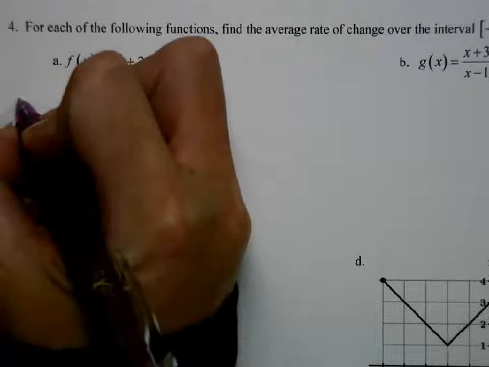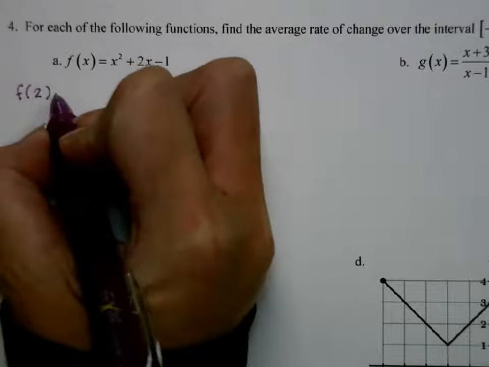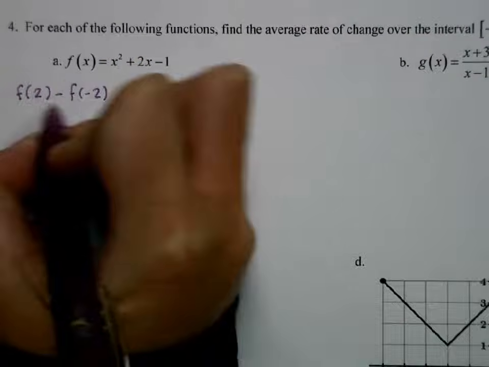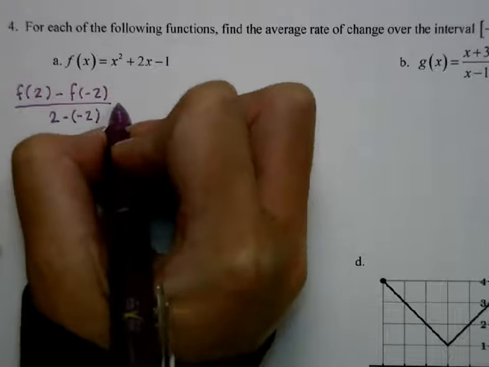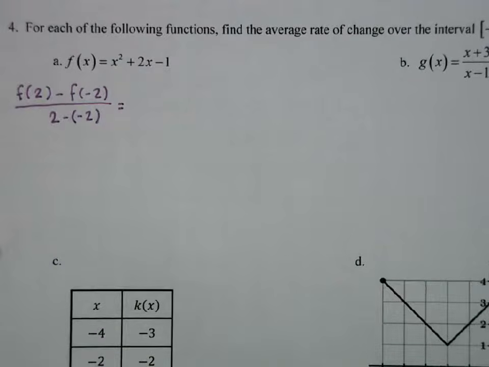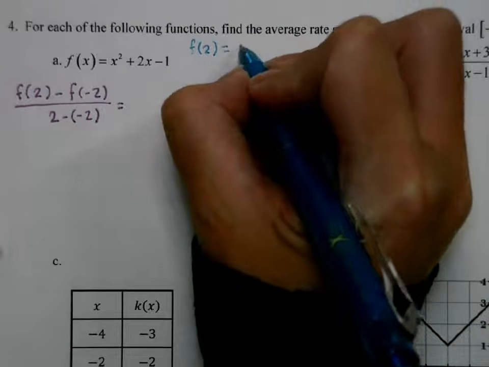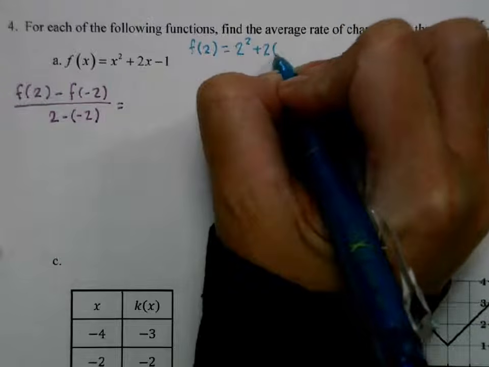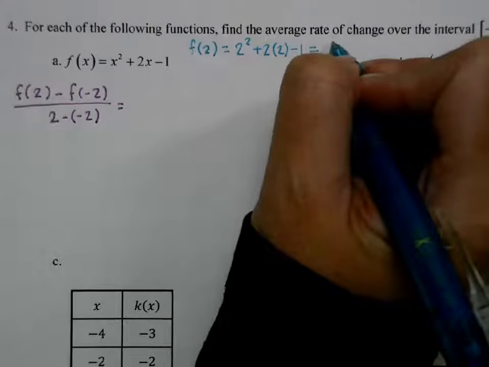So I'm going to start with my difference quotient. So we want f of 2 minus f of -2 over 2 minus -2. So we need to go find those function values. So we'll plug in 2, which gets me a 7.